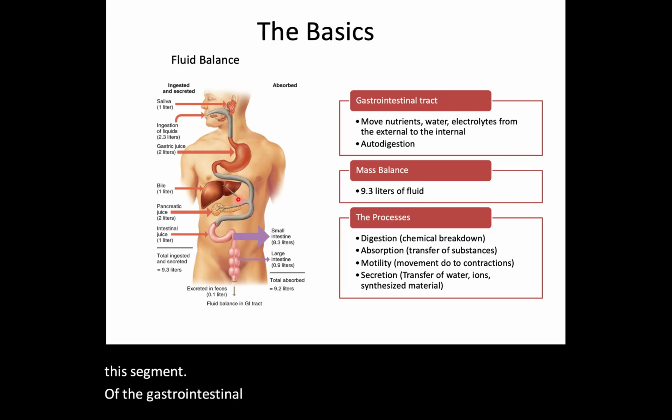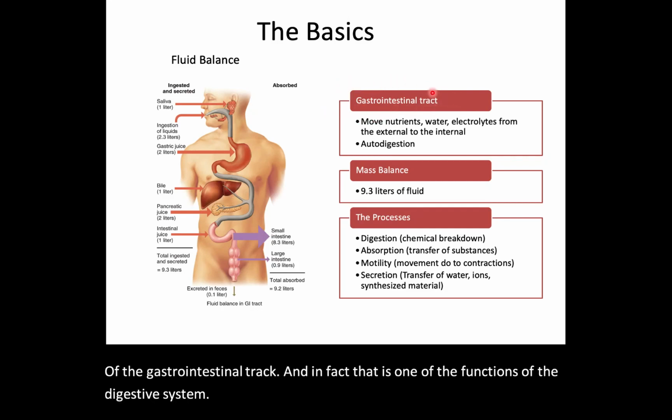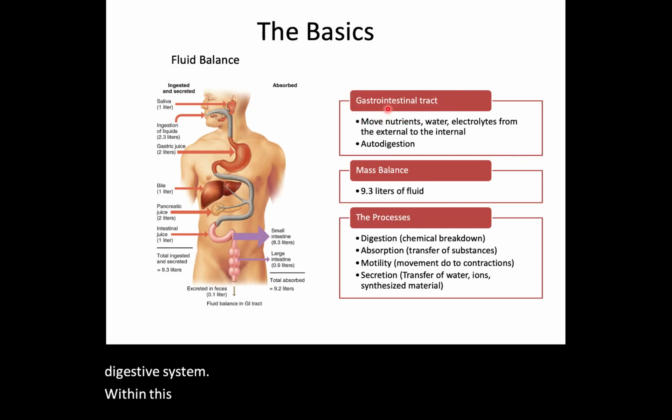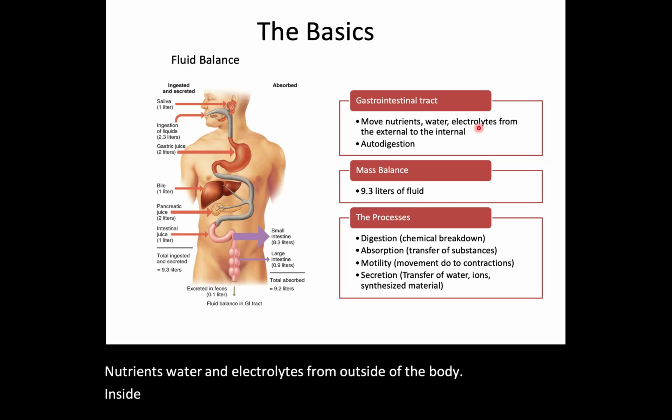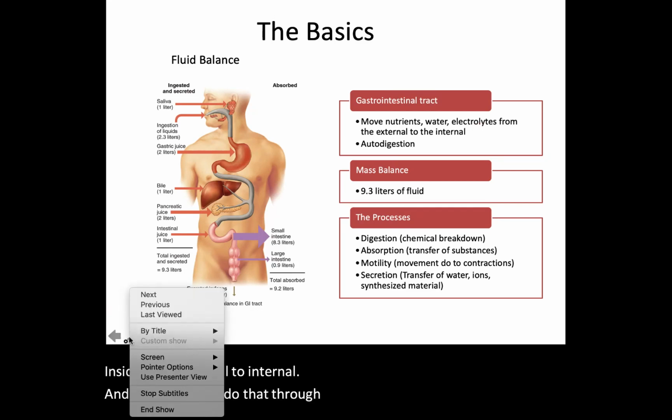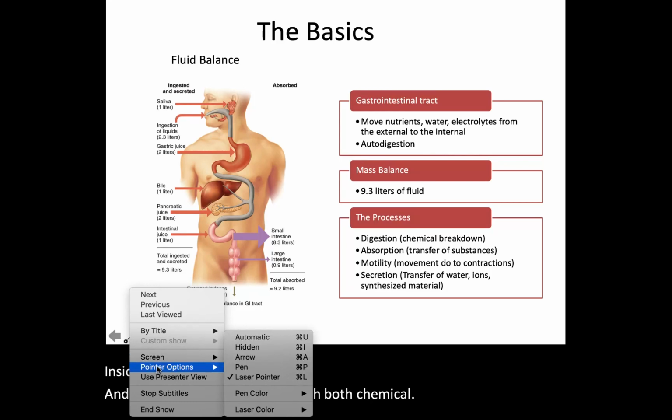And in fact, that is one of the functions of the digestive system. Within this gastrointestinal tract, we are going to move nutrients, water, and electrolytes from outside of the body inside, from external to internal. And we're going to do that through both chemical and mechanical digestion.